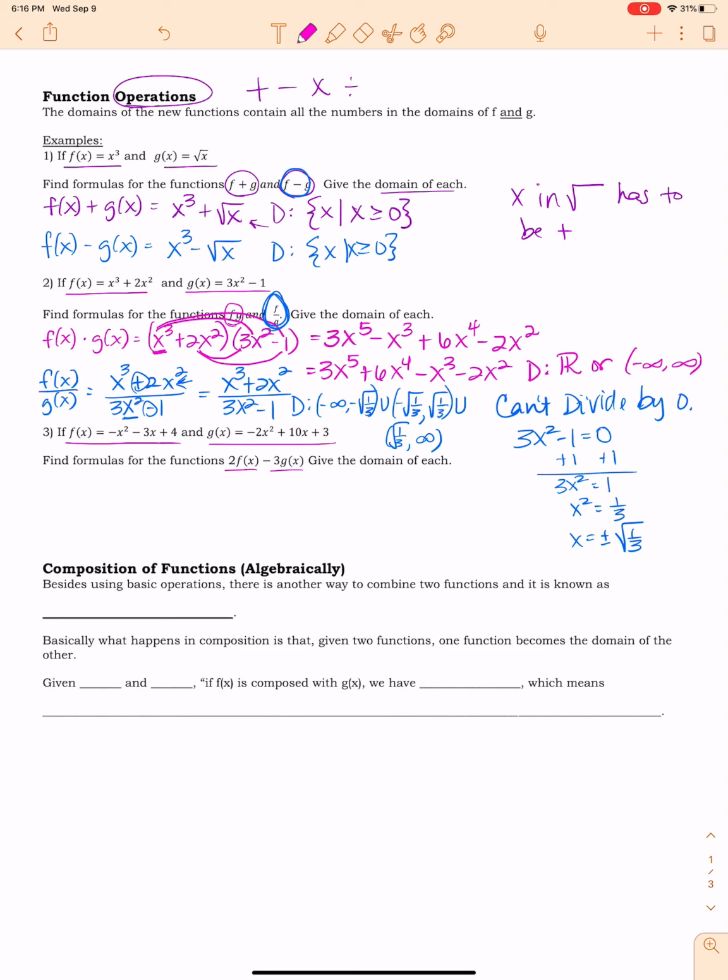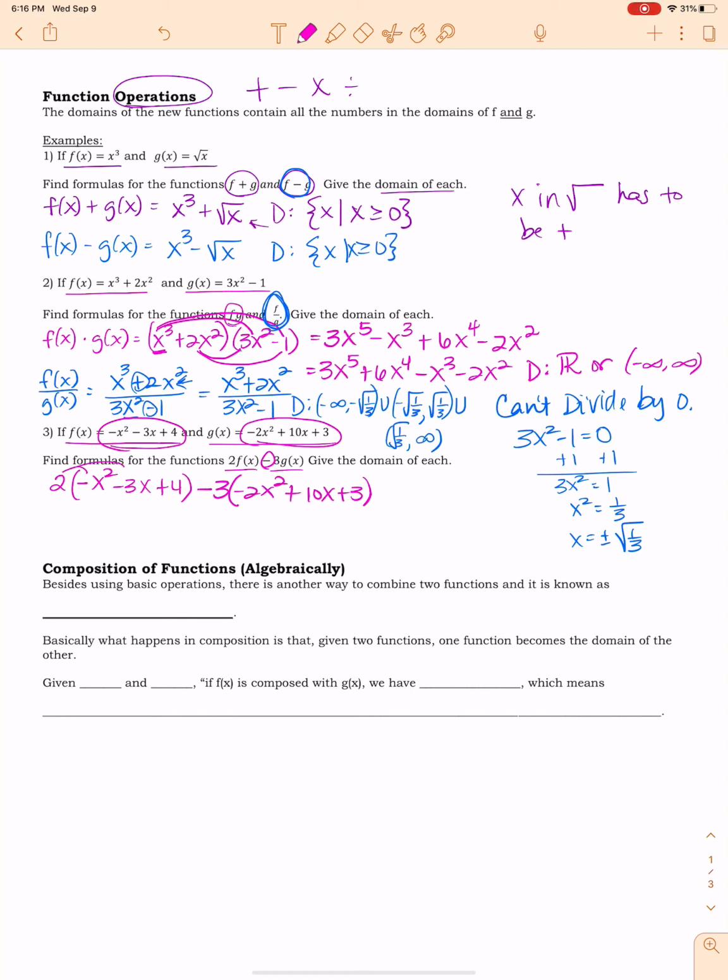So that essentially means I'm going to multiply 2 by this right here, this f of x. And then I'm going to subtract 3, and 3 gets multiplied by all of this, so g of x. So essentially all I have to do here is just do some distribution and then combine like terms.